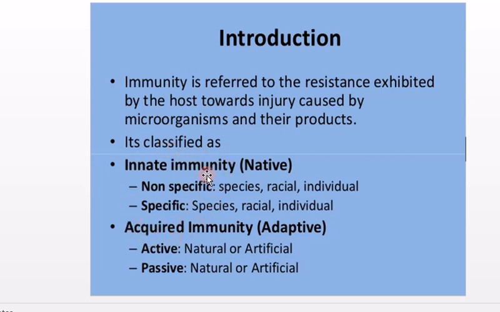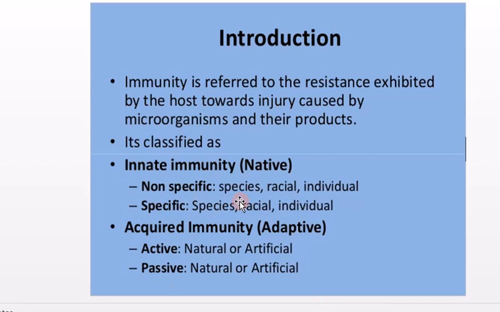We have an inborn quality where we have the power to overcome certain germs and disease, whereas acquired or adaptive immunity is acquired during the life process. From birth till death, our body gets experience and exposure, and that is called acquired immunity. So there are two types.